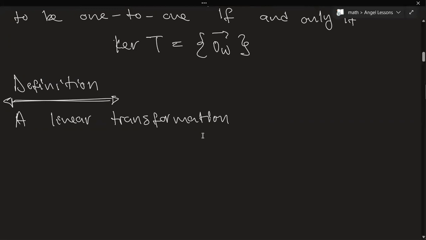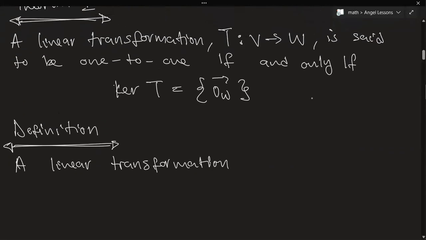So let's try to illustrate with the diagram. Suppose this is our V and this is our W. It means to each object in V, there should be one arrow going to W. For each object, we should just have one arrow going to W, not two arrows coming out from there, or maybe two arrows going to two different things.